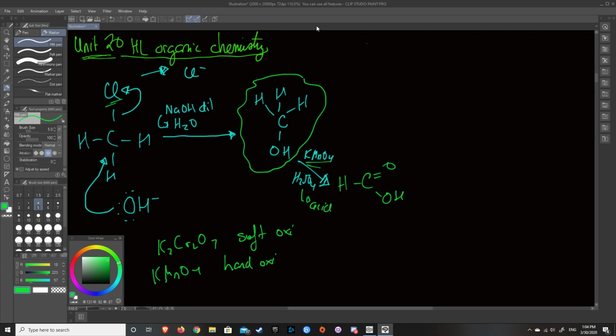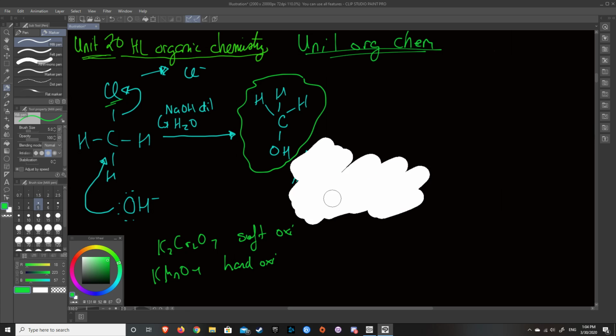Eventually, when you hit Uni 1, University 1, Organic Chemistry, you will learn all of these reactions. But at this point, you don't need to know that. So let's say we're going to convert this carboxylic acid to a primary alcohol. I'll erase this, and we're going back the other way.